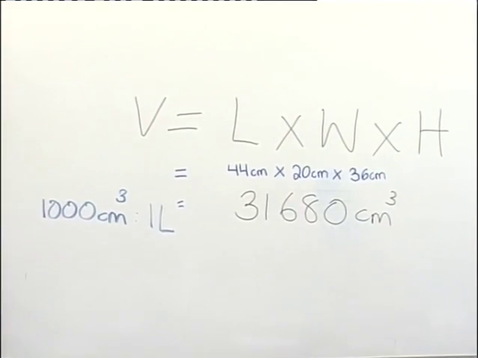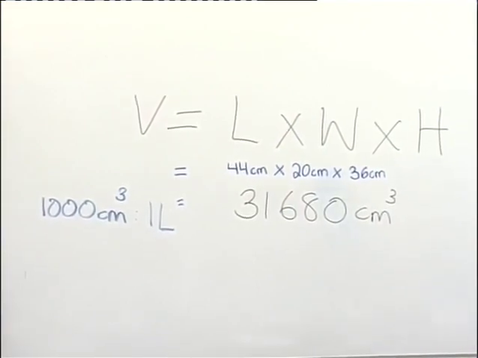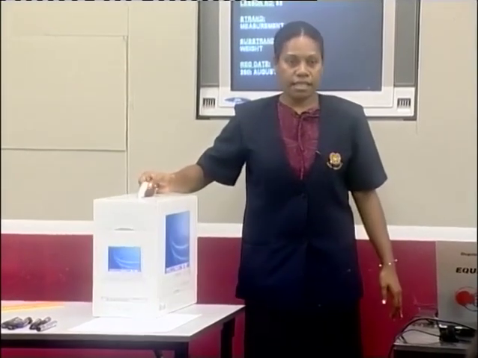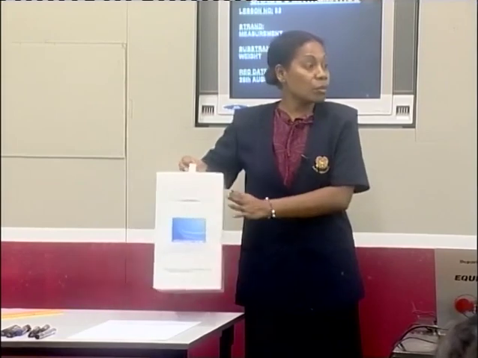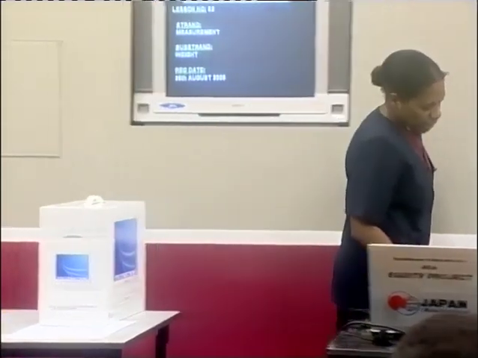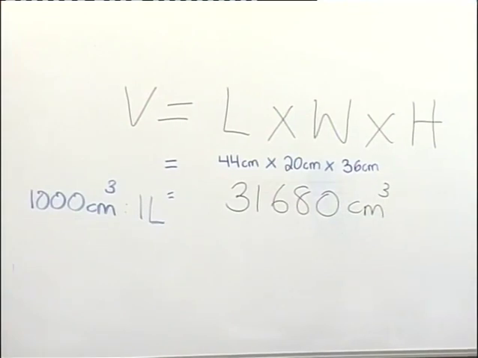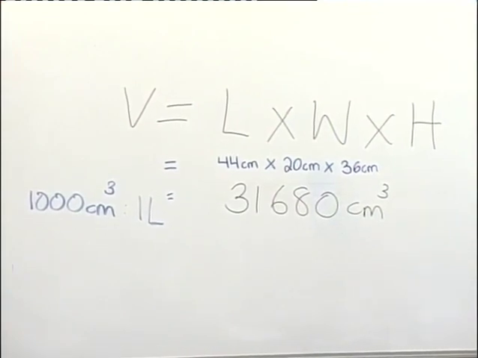So the volume of this cuboid here, in liters, is 31.68 liters. But the volume in cubic centimeters is 31,680 cubic centimeters.